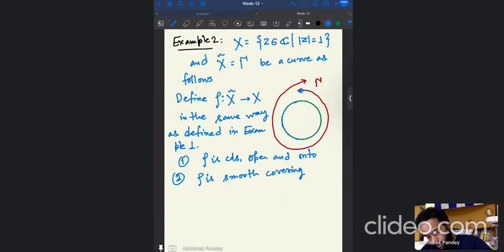And what would be the image of this? What you have to do is, where the curve ends, you have to start from here. Now what would be the lift of this one?